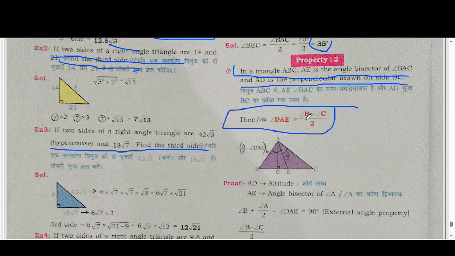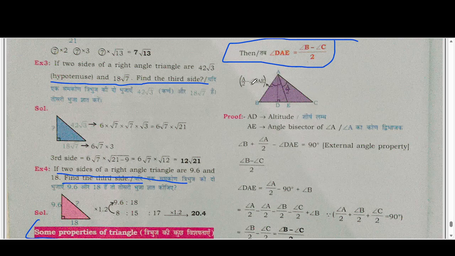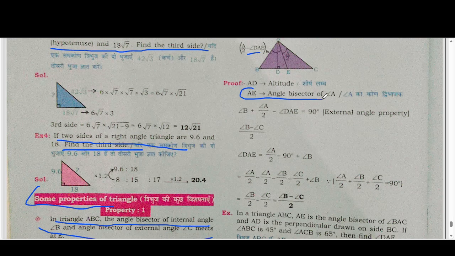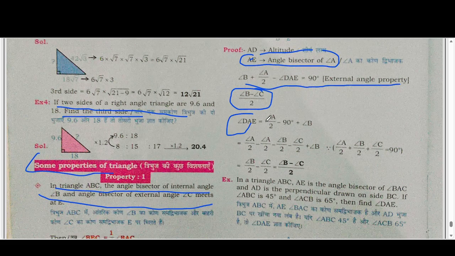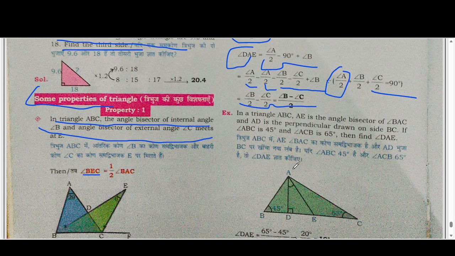Angle DAE is equal to half of angle B minus angle C. AD is the altitude and AE is the bisector of angle A. Angle DAE is angle A upon 2 minus angle BAD, where angle BAD is 90 minus angle B, using the exterior angle property. So angle DAE is equal to angle A upon 2 minus 90 plus angle B. Since half of angle A plus half of angle B plus half of angle C is equal to 90, angle DAE is equal to half of angle B minus half of angle C, which is B minus C by 2.